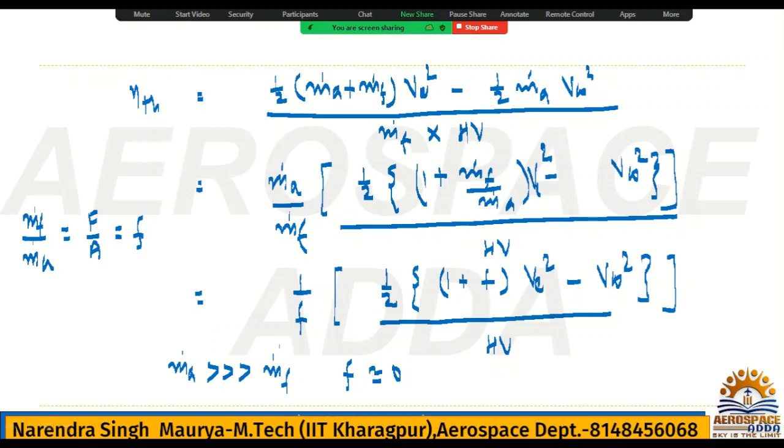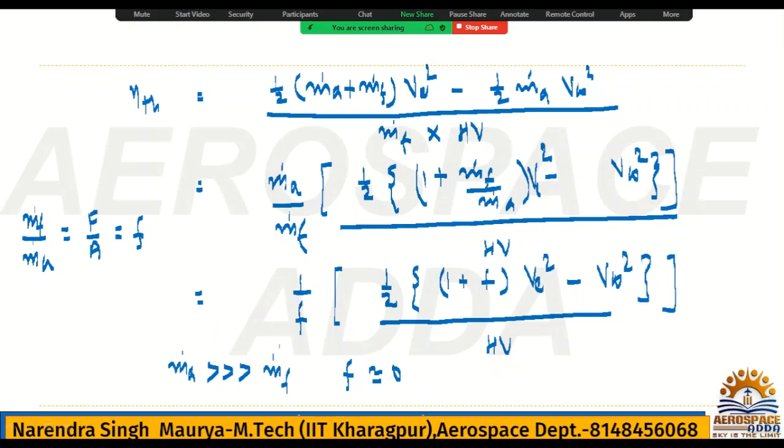What will be 1 upon 0.001? It will give one value, yes or no? It is 10 to the power 3. So 1 by f will be a significant value. You cannot neglect that. My point is, yes or no?